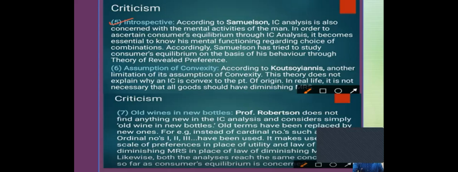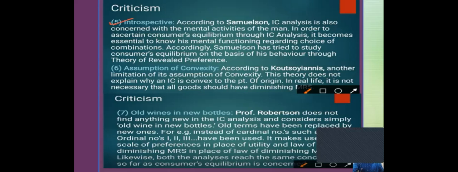Because the slope of the convex curve is measured by the diminishing marginal rate of substitution. So the consumer may not always get the correct convex shape. It is not guaranteed that all goods should have diminishing marginal rate of substitution.